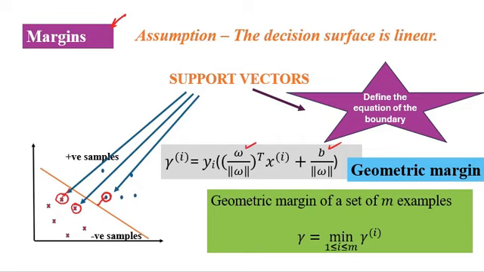This division by the norm of w gives us the geometric margin, and for a whole set of examples we find the minimum geometric margin value. We computed this for all the m samples, and the minimum gives us the final geometric margin for the decision surface.